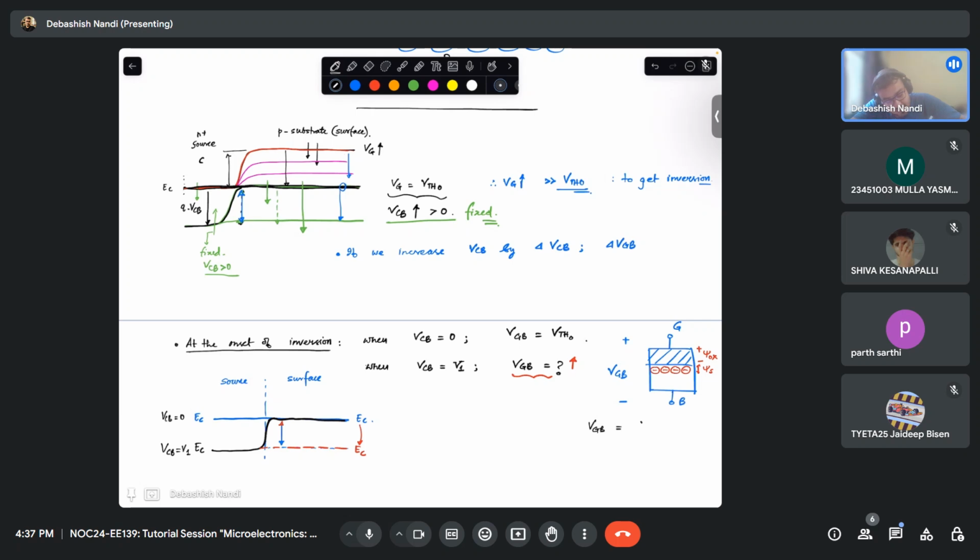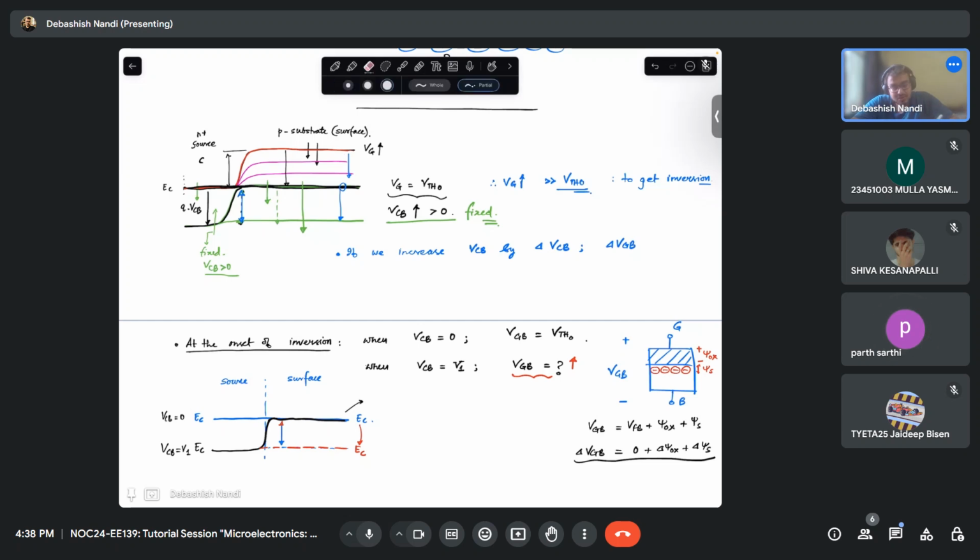VGB is equal to VAB plus psi ox plus psi s, right? So what is your delta VGB? Your VAB is constant, so it will be 0 plus delta psi ox plus delta psi s, right? Psi s is also constant. Sir, why is psi s constant? This is the surface potential, the energy equivalent to surface potential. Yes, sir. So this is not constant.